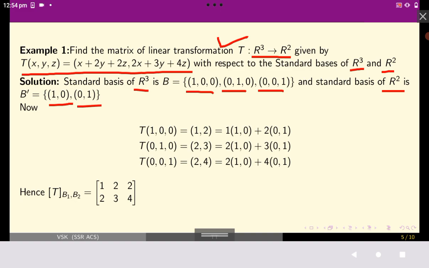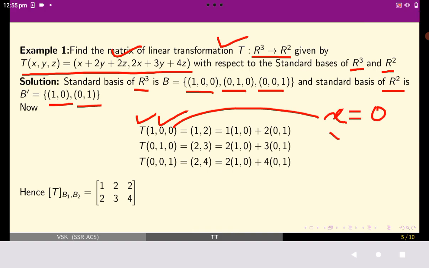So accordingly, as per the definition, we will take the first vector (1,0,0) and find its T image. Here the value of x is 1, value of y is 0, and value of z is equal to 0.